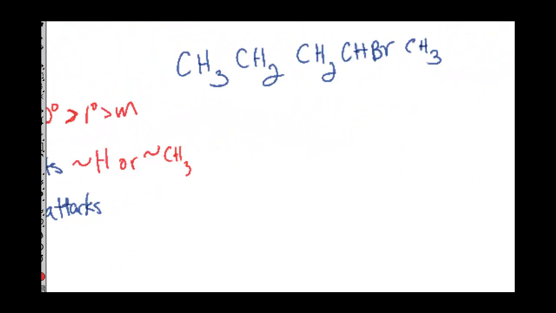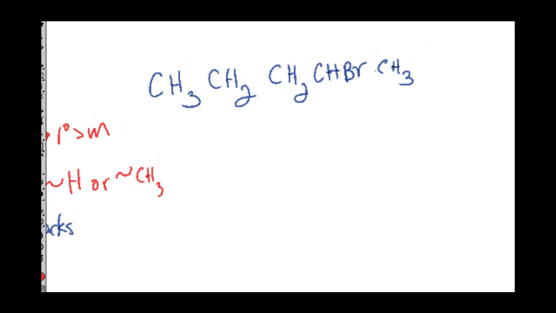So let's look at this wonderful compound here. We have 1, 2, 3, 4, 5. So 2-bromopentane. I'm going to go ahead and rewrite this so it's a little bit more friendly to our purposes. I don't really need to draw anything but the adjacent hydrogens.